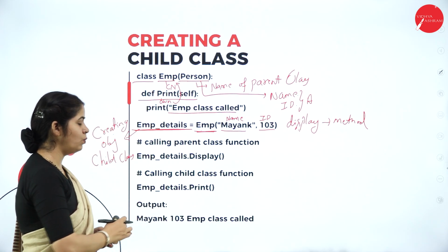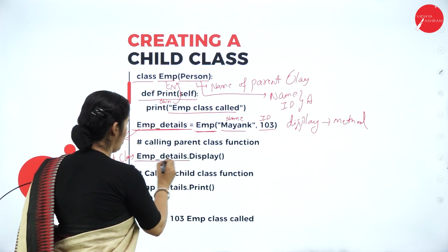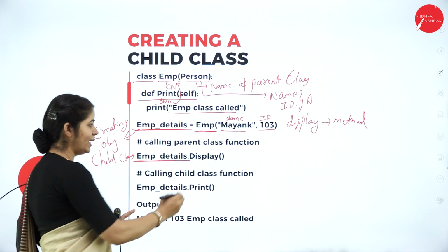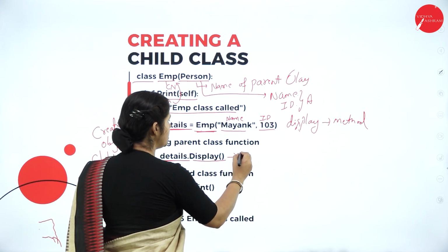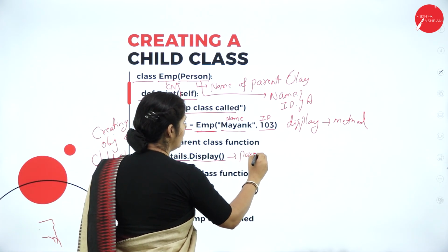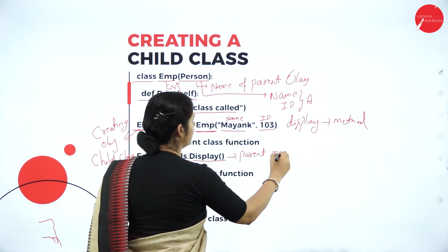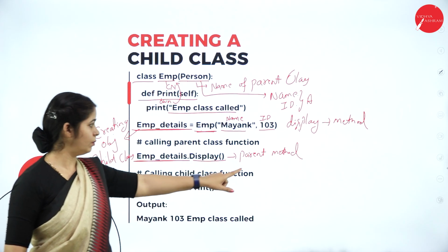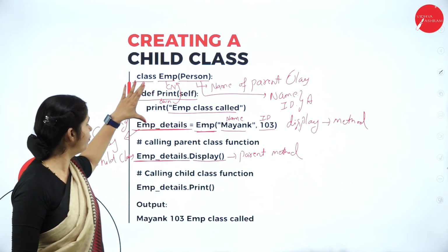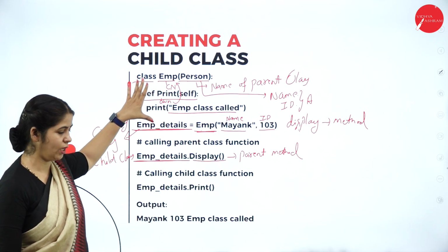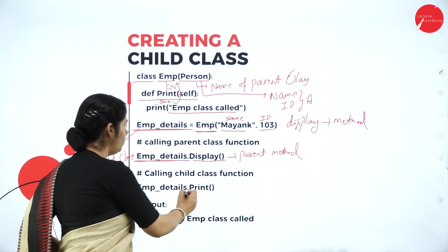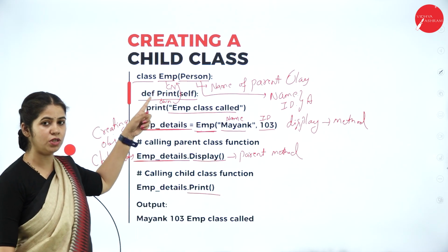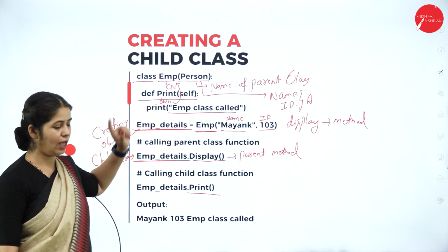Then after creating the object, with the help of the object I am calling the display function, which is a parent method, which is not defined in the class Employee, right? And we can also use the function which is defined within the child class Employee.